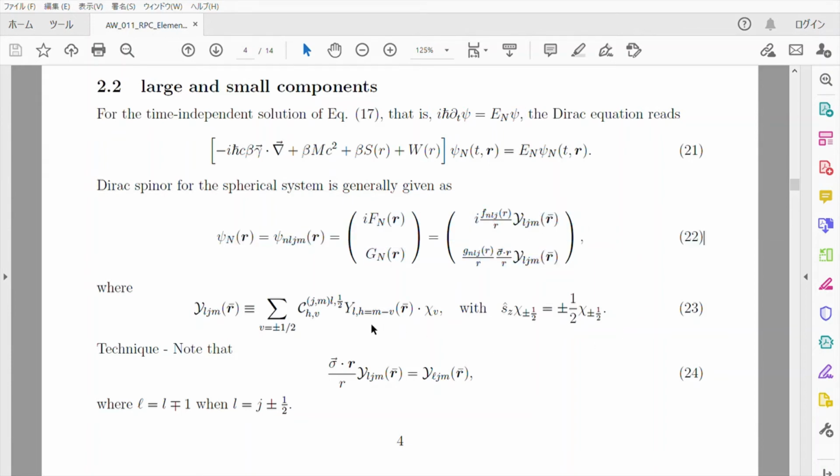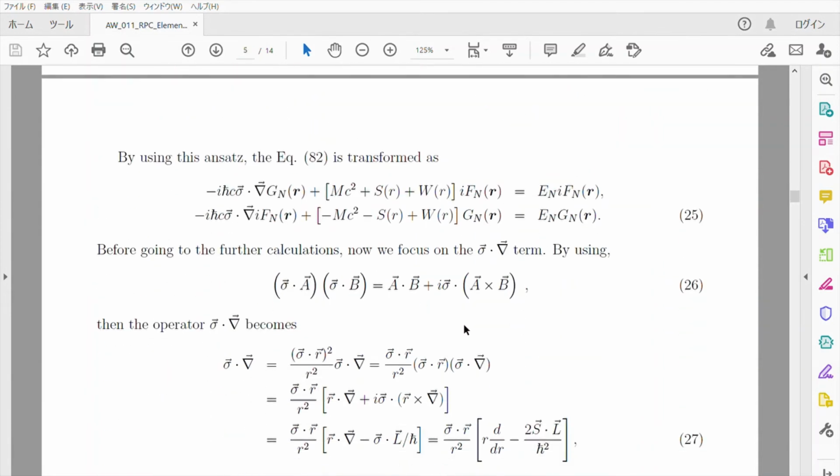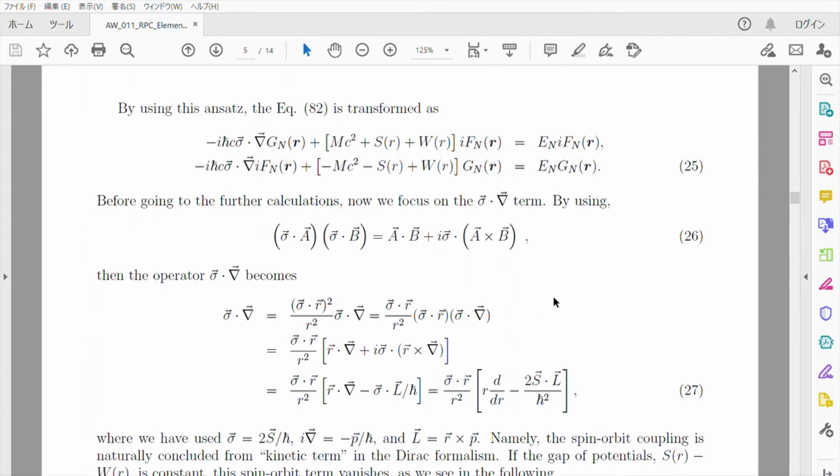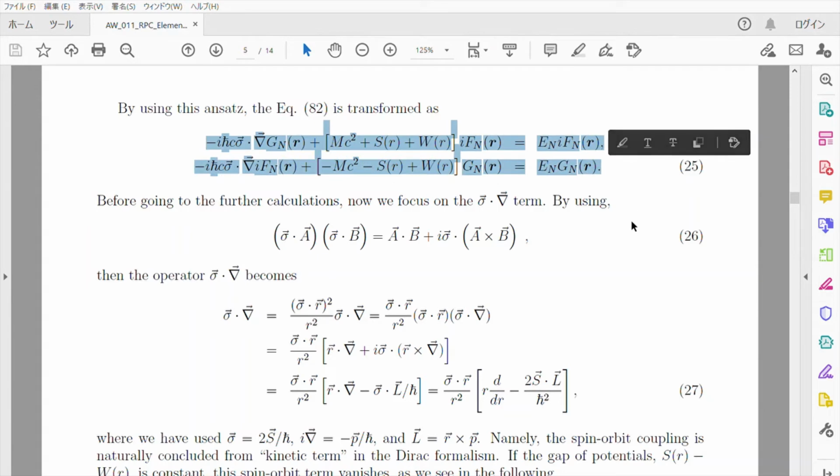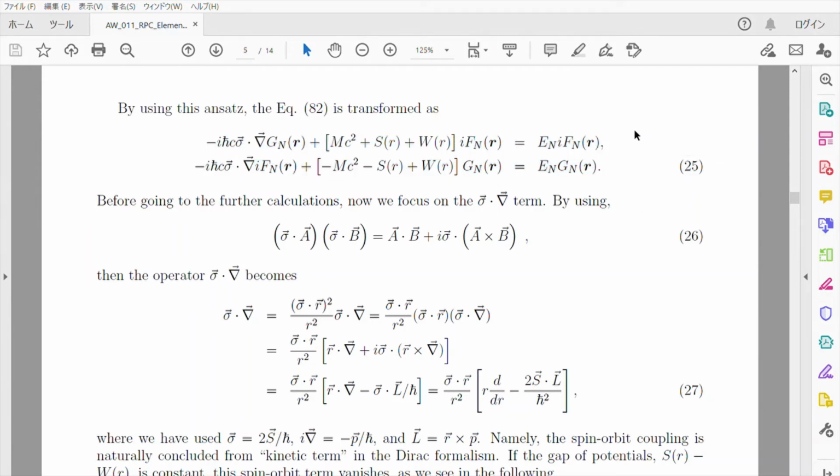Here, capital Y is the coupled angular momentum state. Then, by utilizing the spherical solution ansatz, the original Dirac equation is transformed into these two equations for the large component Fn and the small component Gn.